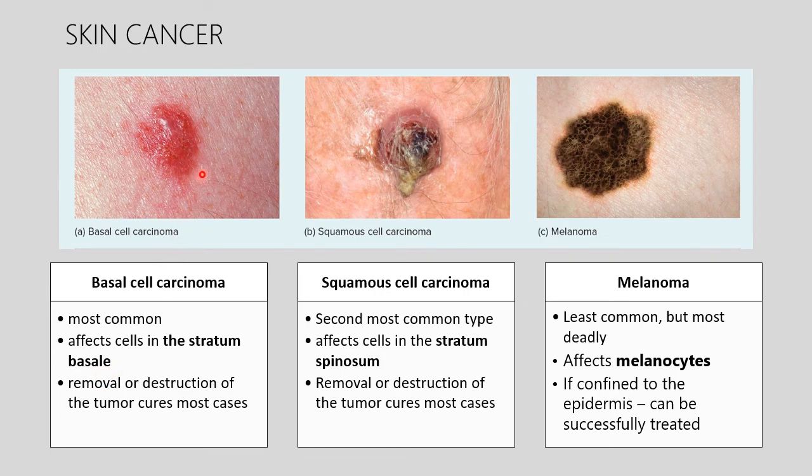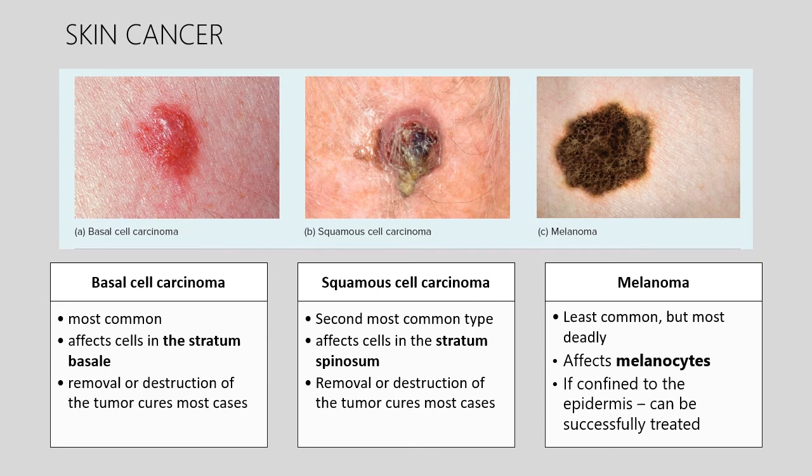Some are open sores that bleed or ooze or crust for several weeks. Others are reddish patches like this. They look like shiny, pearly, or translucent bumps, or scar-like areas of shiny, taut skin. And usually removal or destruction of the tumor would most of the time cure this type of skin cancer.